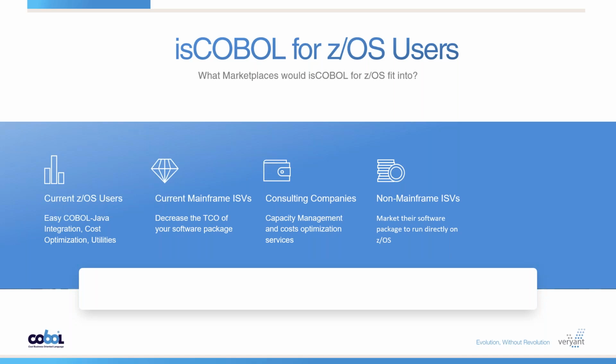Non-mainframe ISVs can now run their software packages on the zOS by running them in the zOS Unix environment. And of course, global systems integrators can provide pretty diverse new services around isCOBOL for zOS with that mixed COBOL Java.